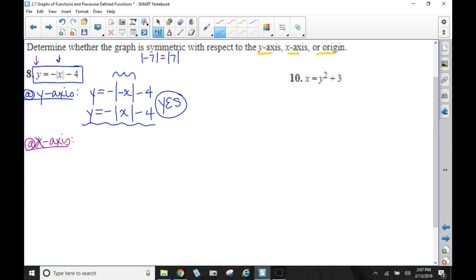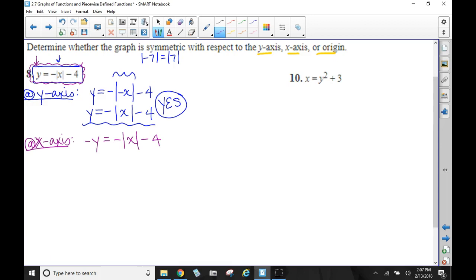So that's going to look like negative y equals, and then don't change anything else on the right-hand side of the equation. I'm looking right up here to replace my y with a negative y, but I'm going to write everything else down just as is.